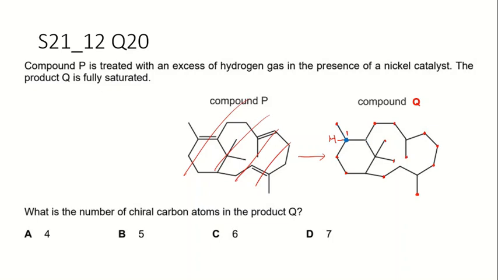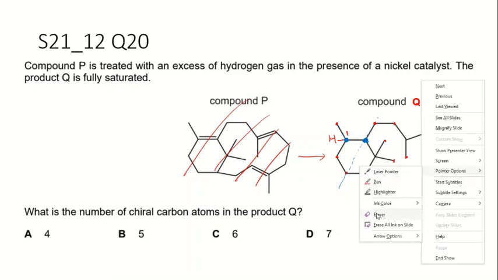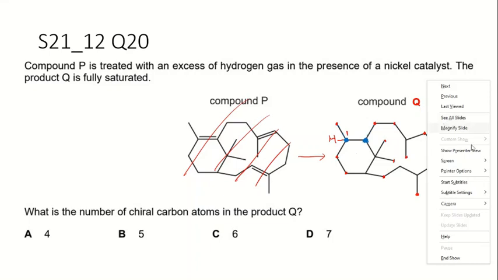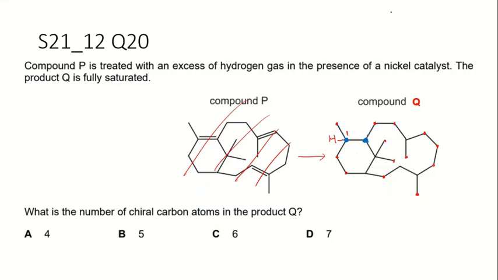So again, to check whether it is a chiral carbon center or not, I have to draw a dotted line, go through this carbon, halve the ring, and check whether left hand side and right hand side are the same or not. Okay, obviously this is not. So this is another chiral center. Now let's erase this dotted line again because I need to check more carbon atoms.